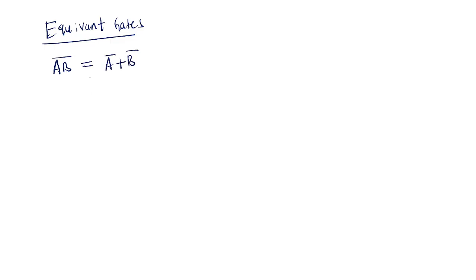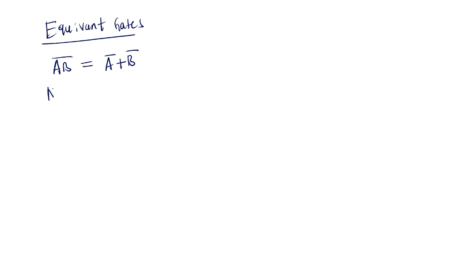Next you have equivalency of gates. If you see equivalent gates, you know De Morgan's law: AB whole bar equals A bar plus B bar.